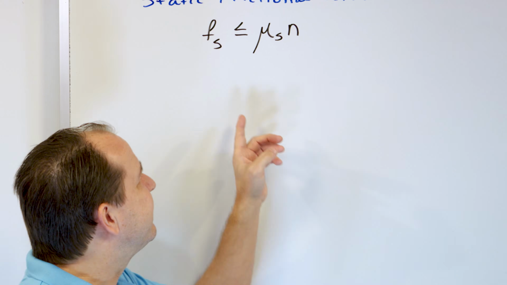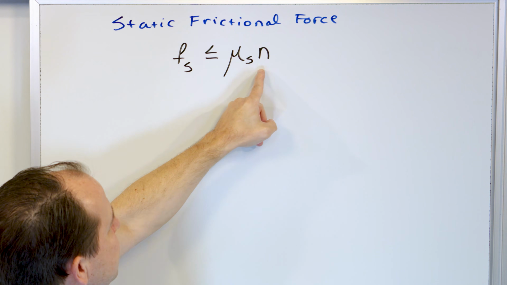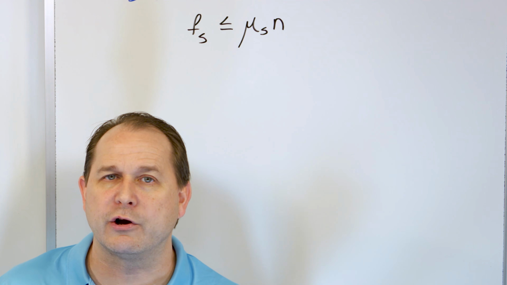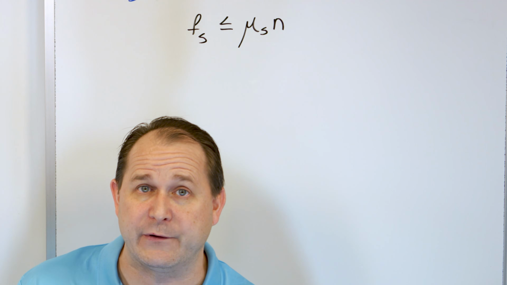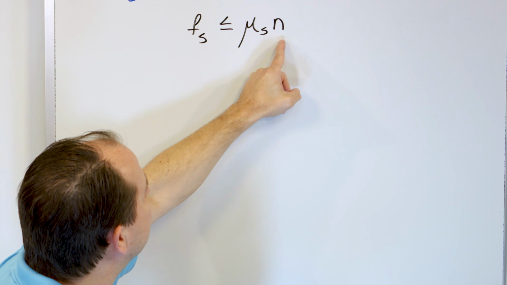Well, up until that point, when you push on it, the box is pushing back on you with a frictional force, essentially. And so the frictional force can rise up to a maximum value, but once you get past that maximum value, then the box begins to move, and it's no longer in static friction anymore. It's in kinetic friction. So the frictional force in the static case is always less than or equal to a maximum number.